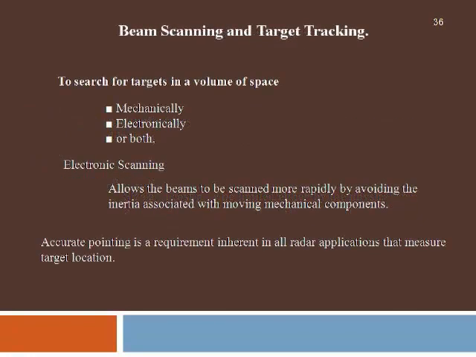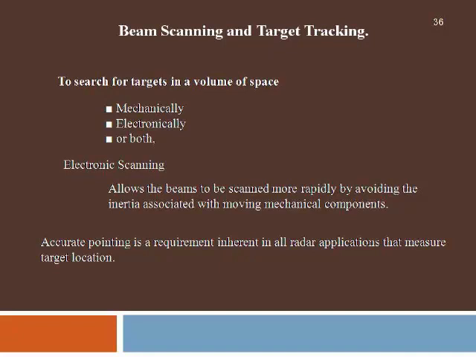Then, what are the jobs that will be done by these radar antennas? One is beam scanning and the other one is target tracking. To search for targets in a volume of space is called scanning. Here the antenna may be moved either mechanically or electronically or both ways.